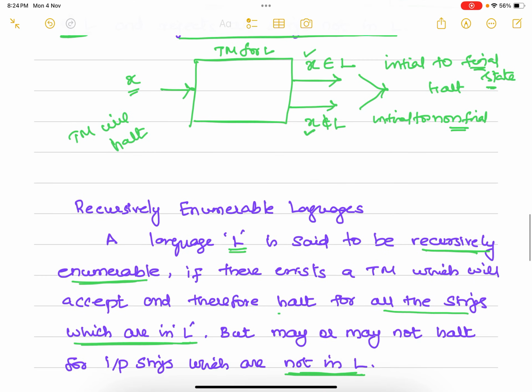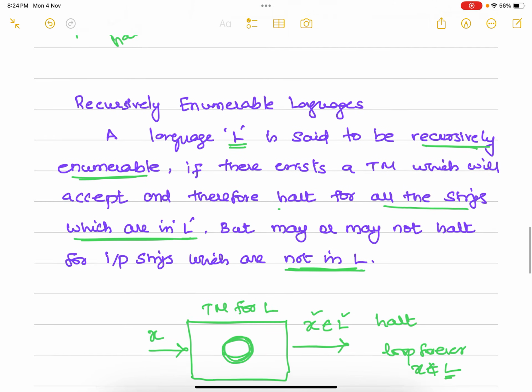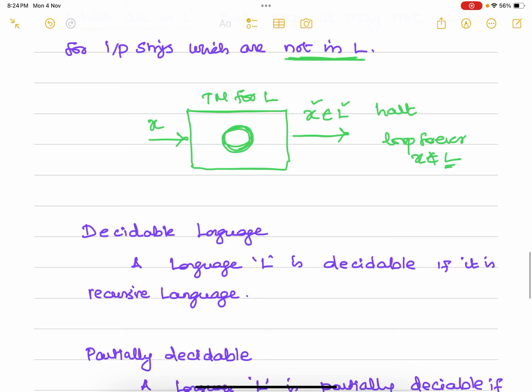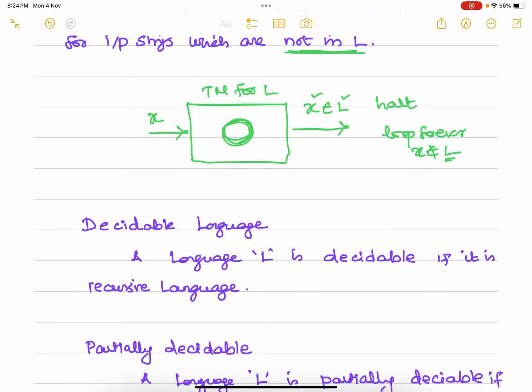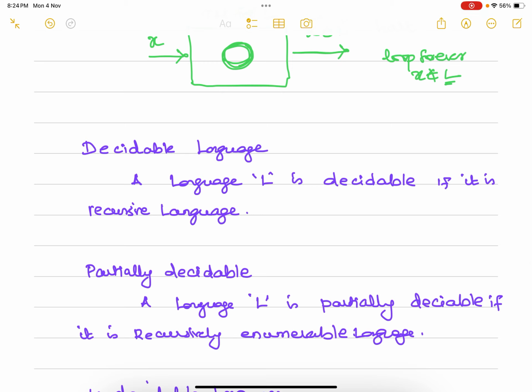Now if you are very clear with recursive languages and recursively enumerable languages, then we can have two more definitions, that is decidable language and undecidable language. We say a language is decidable if it is recursive.